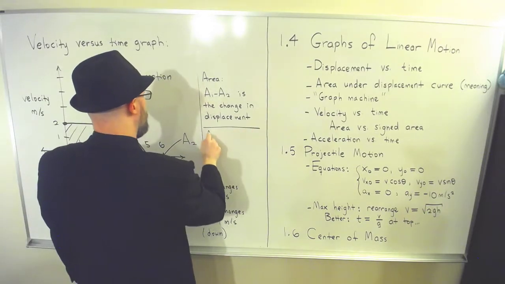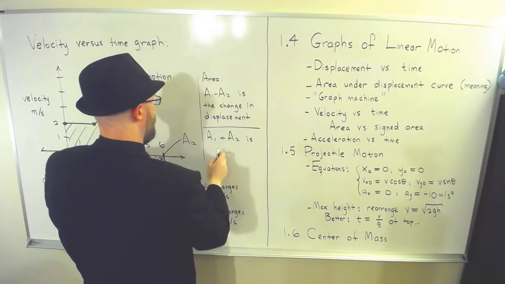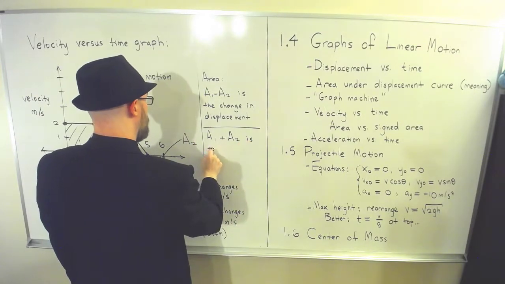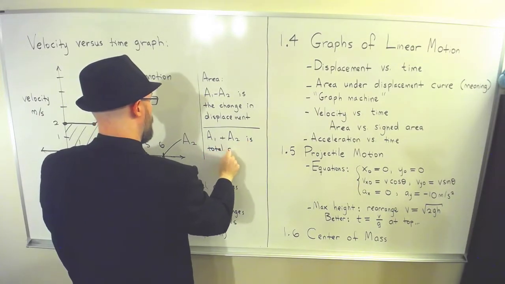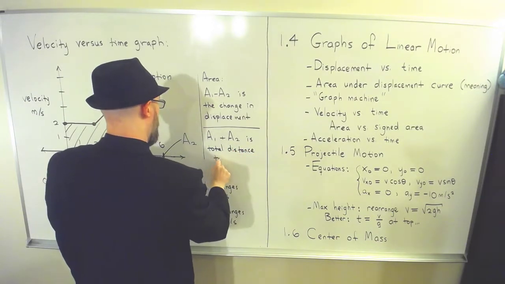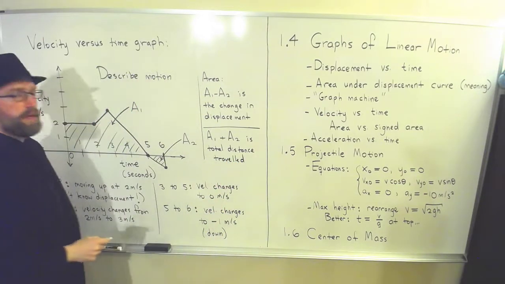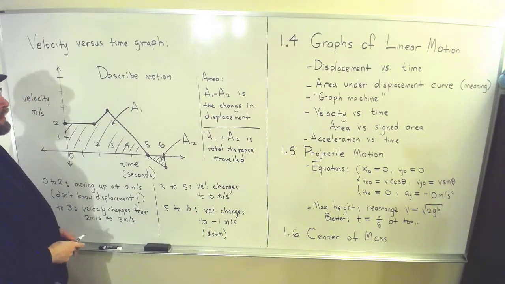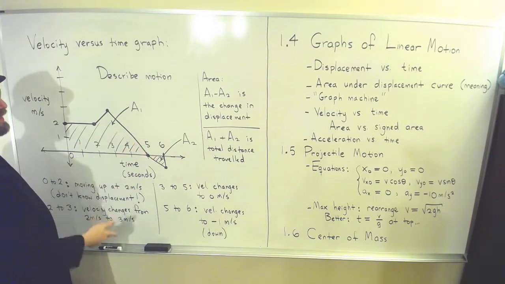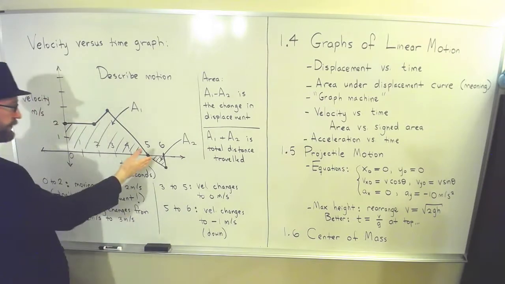And A1 plus A2 is the total distance traveled over that same time, 0 to 6 seconds. These two things are different, and this one's bigger because it's a plus there instead of a minus.